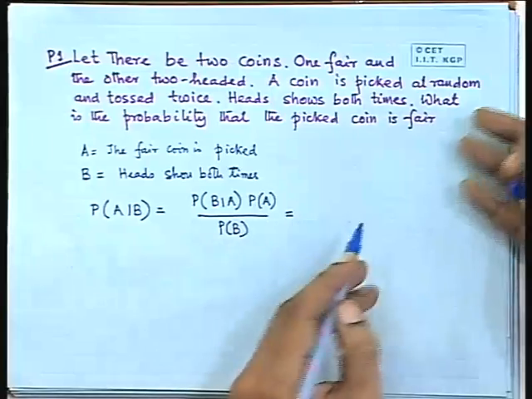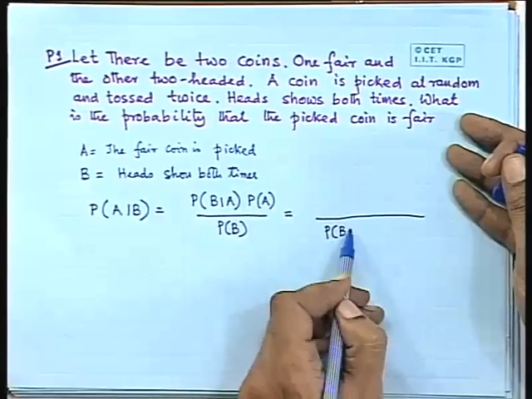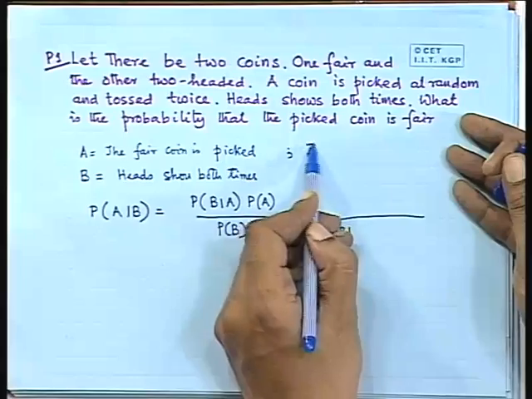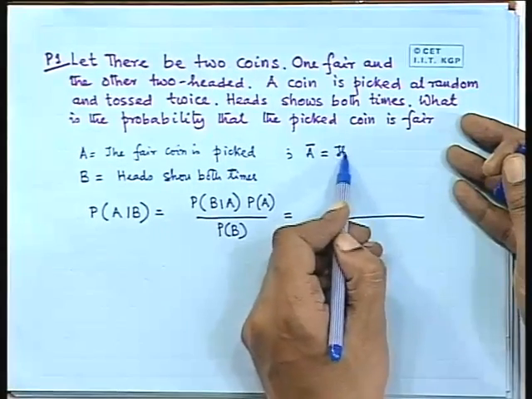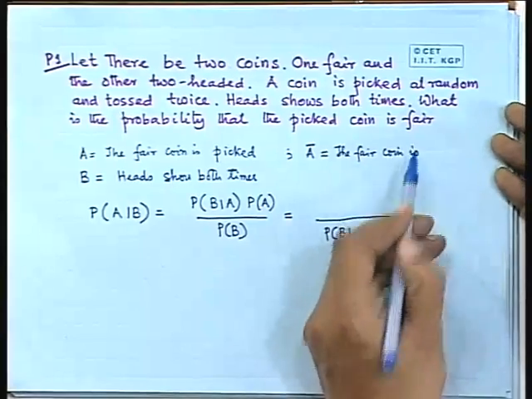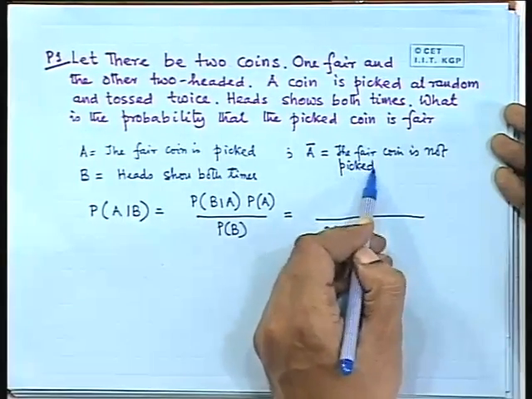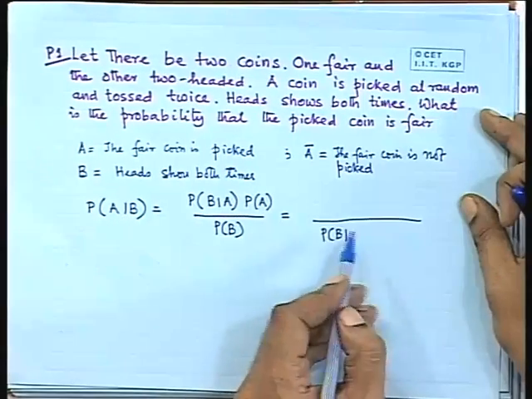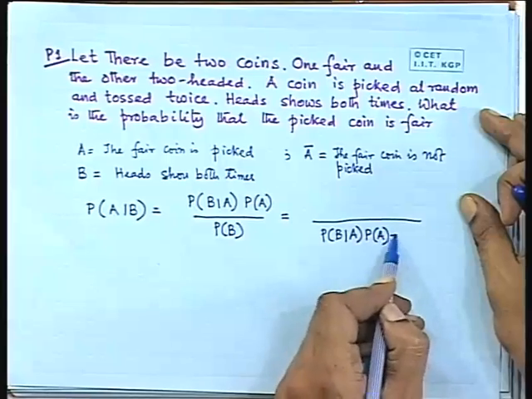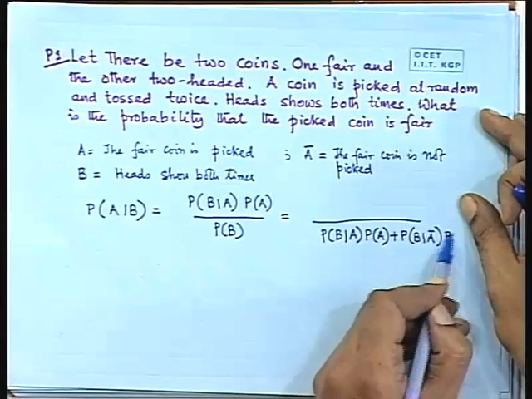So this is actually probability of B given A, and suppose A bar is the event that the fair coin is not picked. I am having difficulties writing, so please excuse, my writing is not great. Into probability of A plus probability of B given A bar into probability of A bar.